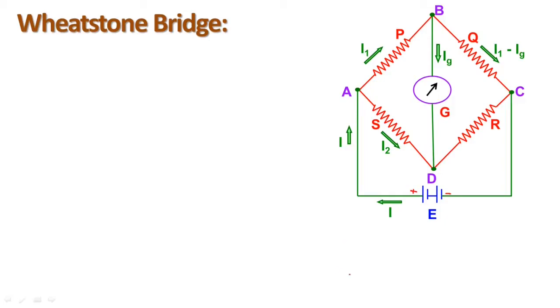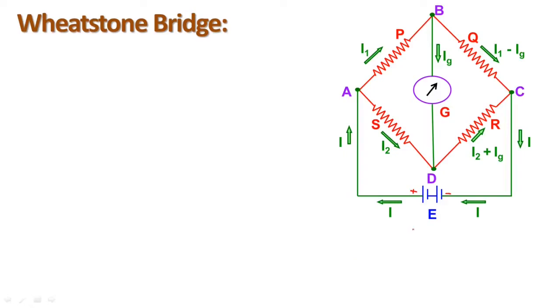At the point D, the current from galvanometer Ig and the current from resistance S meet. From that junction D, I2 plus Ig current flows through the resistance R. Here I1 minus Ig and I2 plus Ig are the currents flowing through the resistances Q and R respectively.